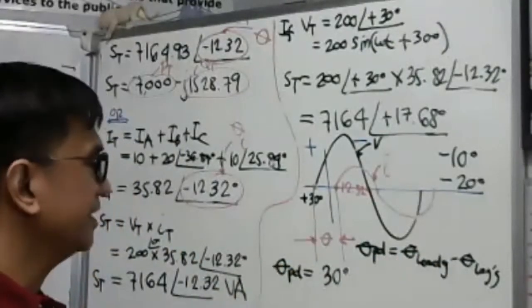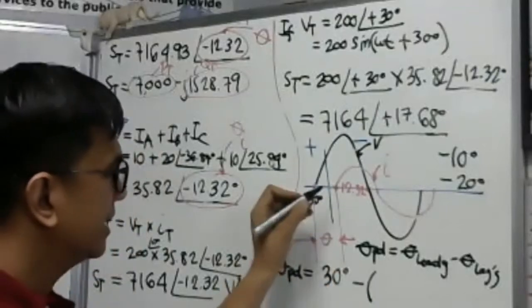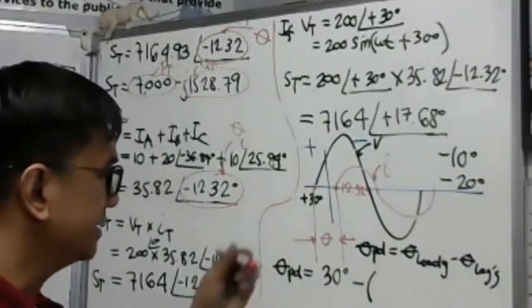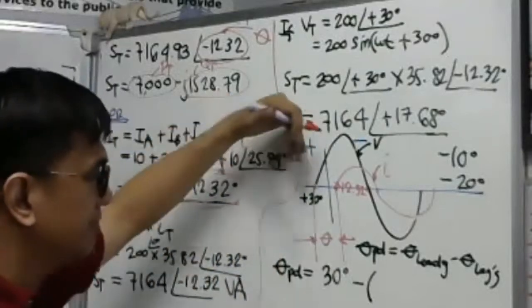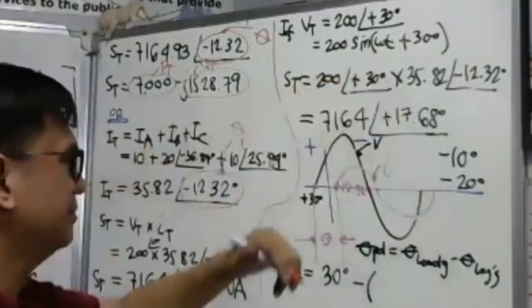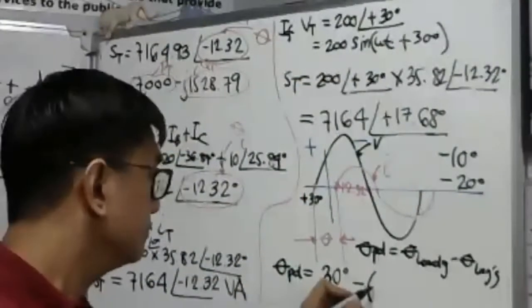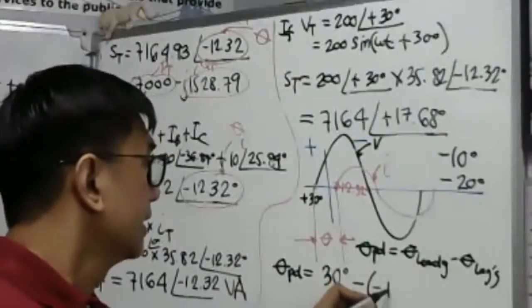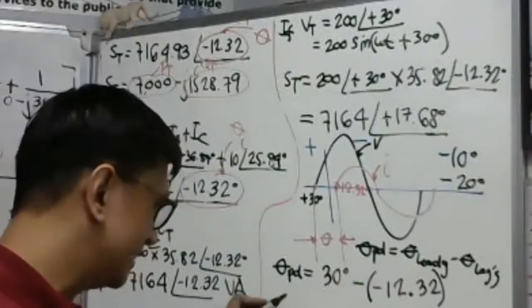The leading is the 30 degrees minus, carry over the sign. The sign of the 12 degrees is negative, right? Remember, the left side is positive. The right side is the negative side of the origin. No? So, this will become what? Negative 12.32. So, that is the right answer.